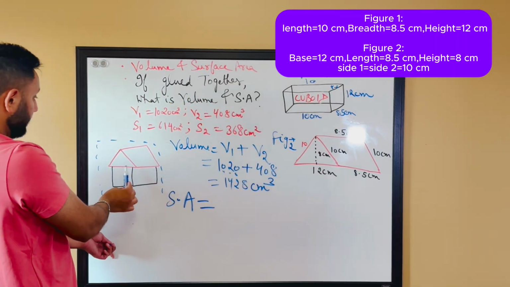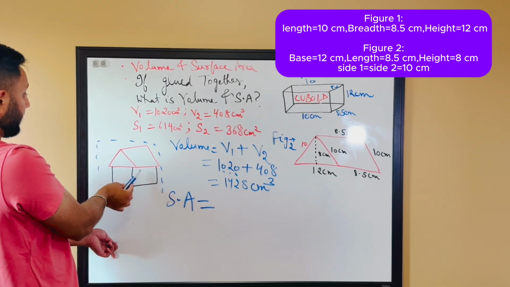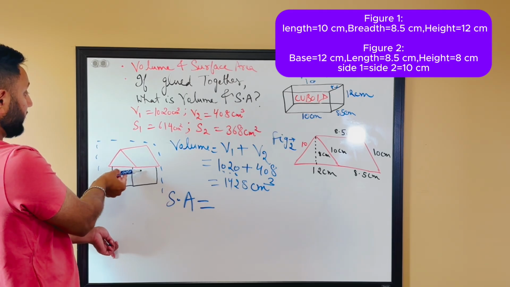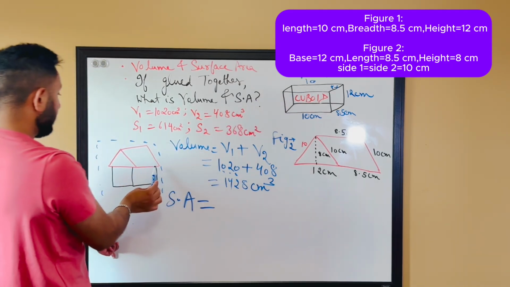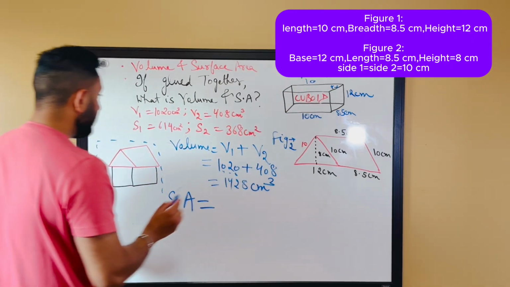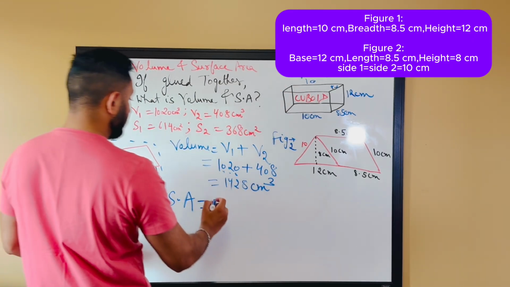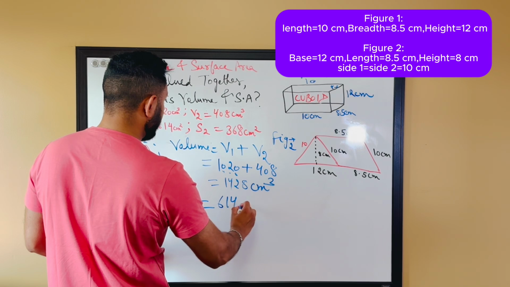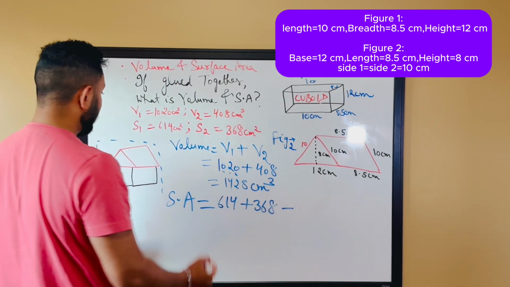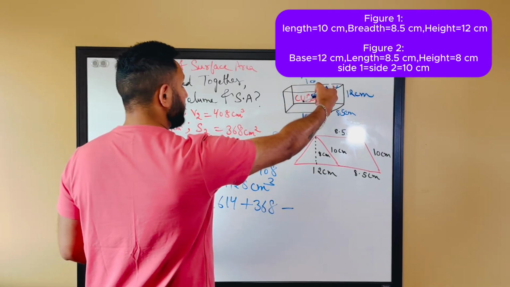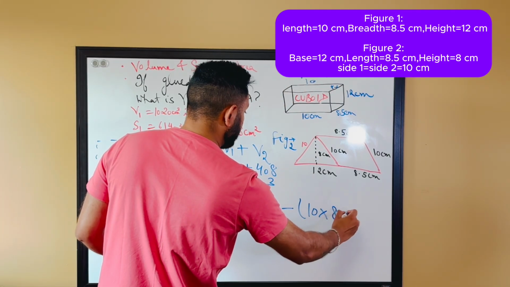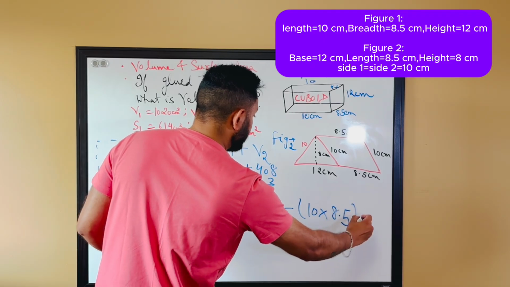And so here it is common, the bottom of the cuboid is 10, and the width is also common, 8.5 centimeter. So first of all we add 614 plus 368 minus 10 into 8.5 into 2.